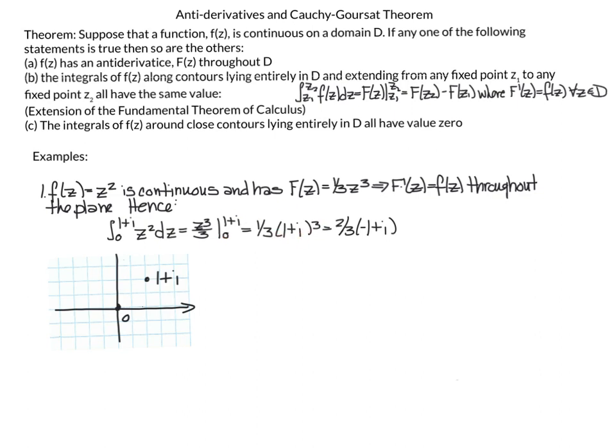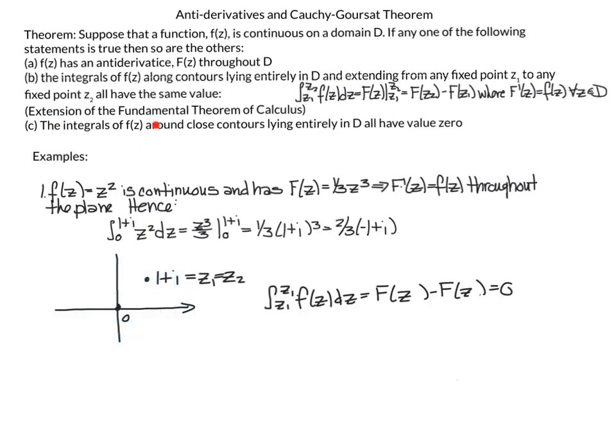So then I plug in (1 plus i) cubed divided by 3, and this is my final answer. And that's essentially part A and part B. I used the fact that my function satisfied part A, and that implies that part B, this formula here, which is an extension of the fundamental theorem of calculus, is true.